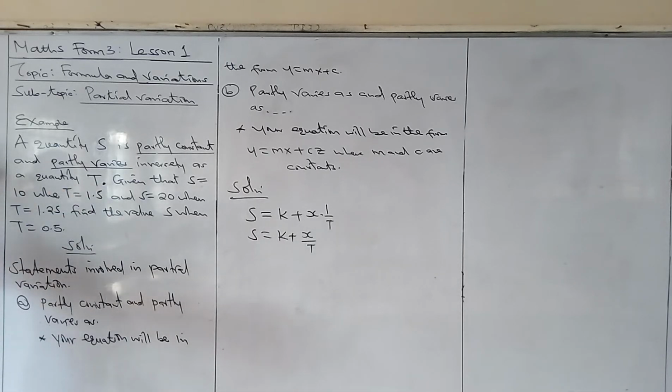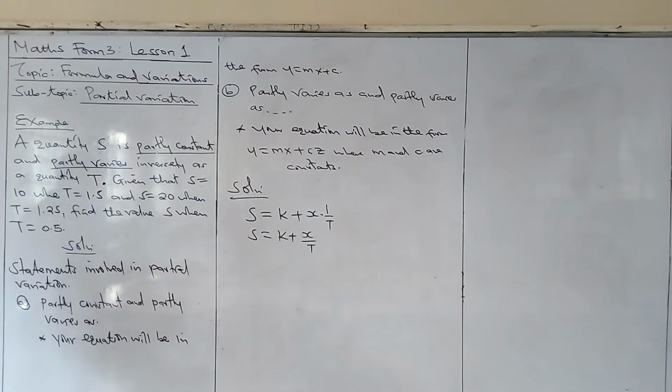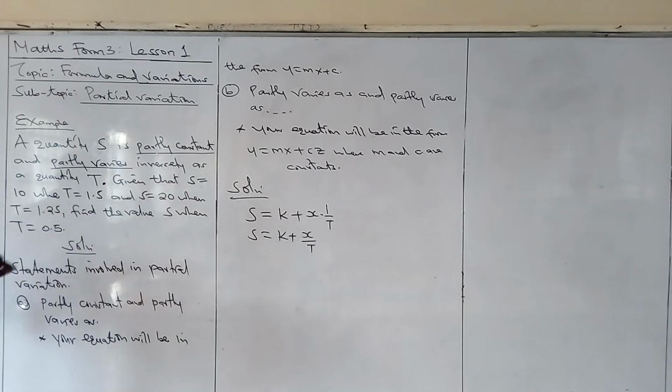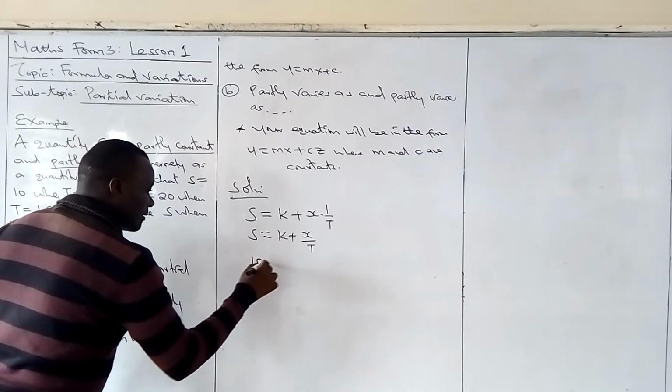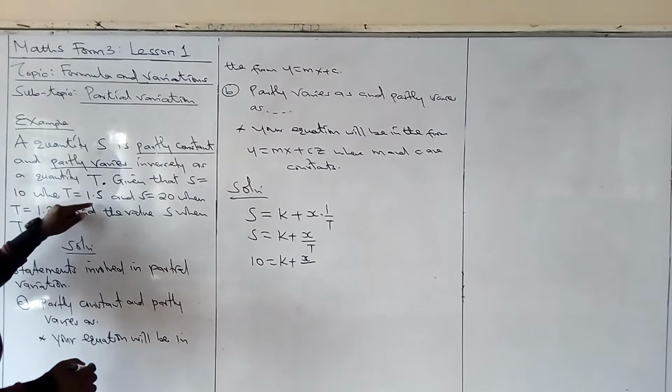Now we can continue by trying to see what the question wants us to do. Given that s is 10 when t is 1.5.